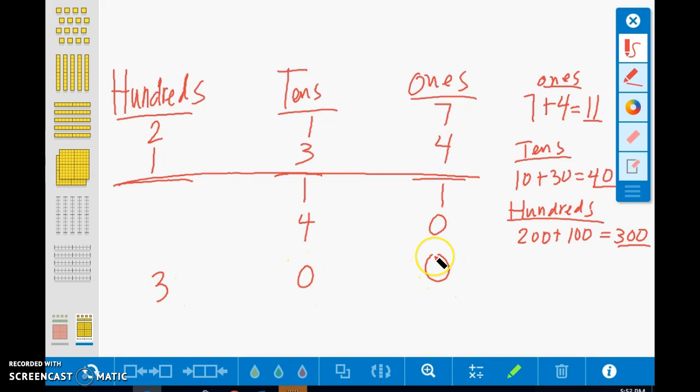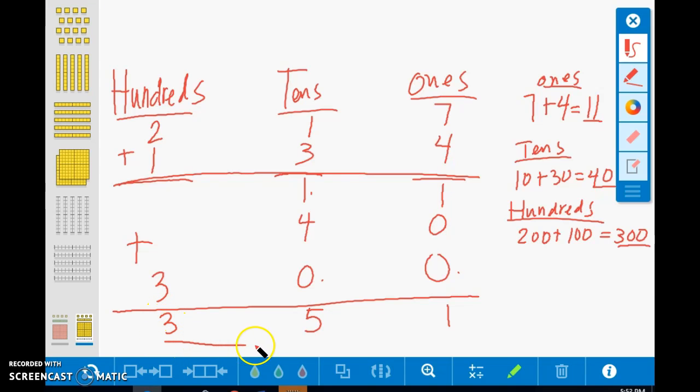Now we're going to add all these numbers together. So 1 plus 0 gives us 1. 1 plus 4 plus 0 gives us 5. And we bring down the 3. So we should have 351.